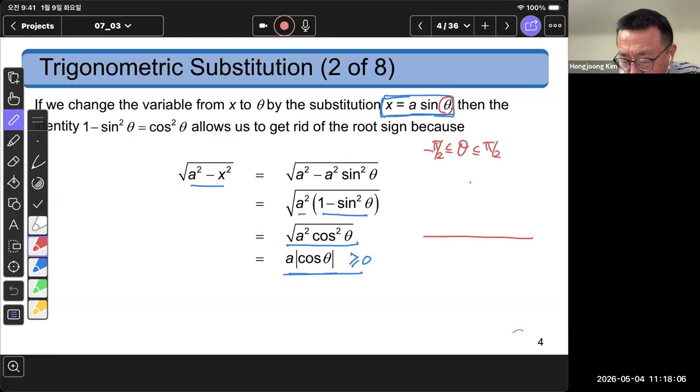On that interval, my cosine function will always be non-negative.